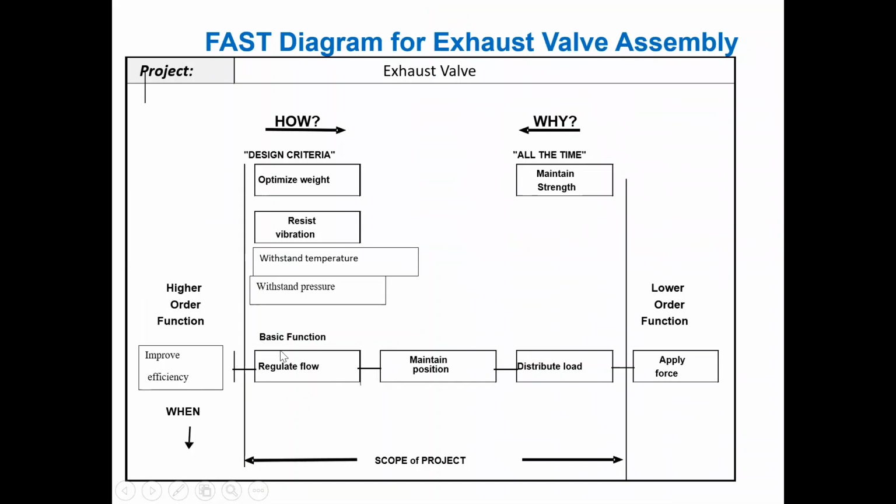The flow will be in the form of either air or exhaust gas, and how you can regulate flow by maintaining the proper position of the valves, and how you can maintain position by distributing the load and by applying force. Another criterion I have considered is that this valve should also withstand the pressure and temperature, and it should resist vibration. Even the weight is also a criterion, and the all-time function is to maintain the strength.